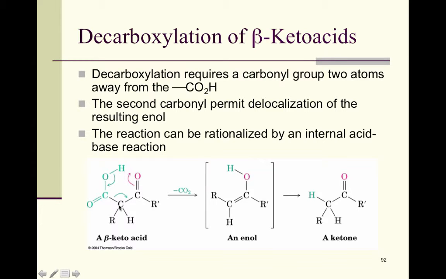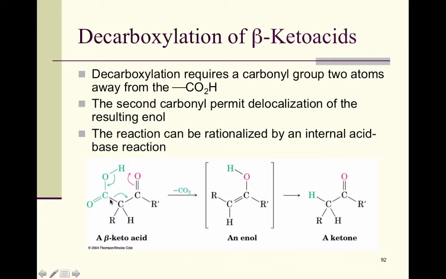Right next door to that would be our alpha position. Do you see this has an alpha hydrogen? And next to that would be the beta position, and that's where the keto is. A beta keto acid, the acid piece, and 2 away from that at the beta position is a ketone. When we have this many atoms, it's going to form a ring at one point, because we have a lot of single bonds where rotation can happen.